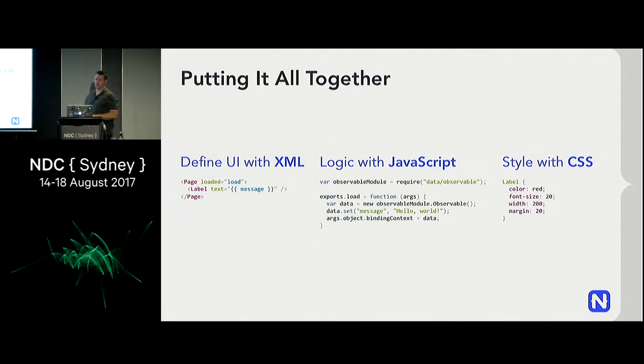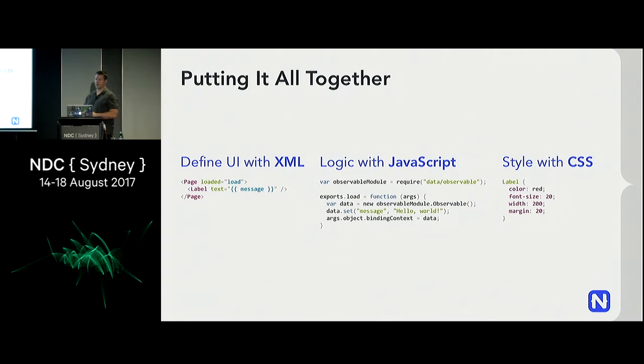So in this example, I have a page here, and as you look at NativeScript, basically, pages are how we hang screens together. And that has an event called loaded that I can specify an export for. And then inside here, I have a label that I'm binding to a property, which I'm exporting as well.